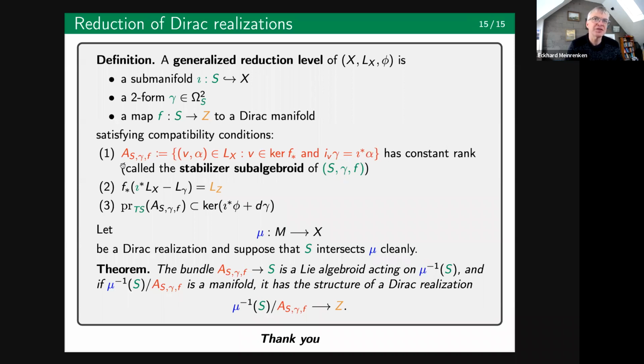Does that fit into the story? That's a good question. I haven't thought about directly recovering this fusion thing. We'll think about that. That's a good comment.